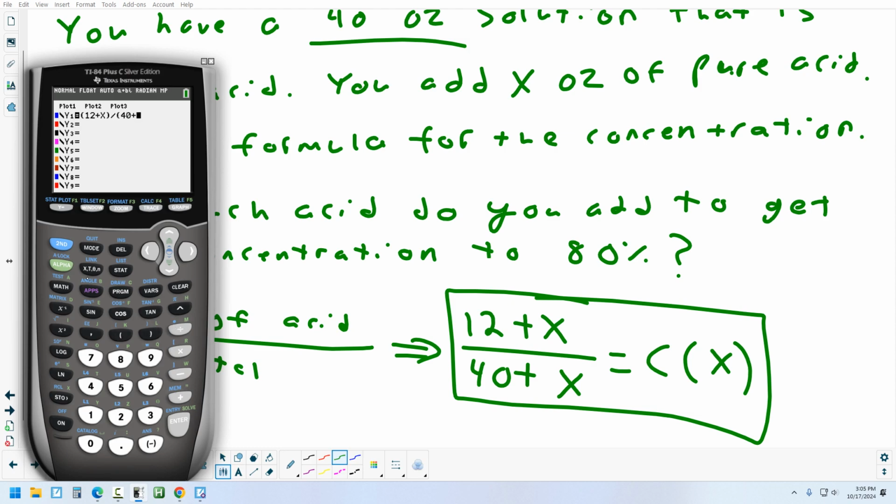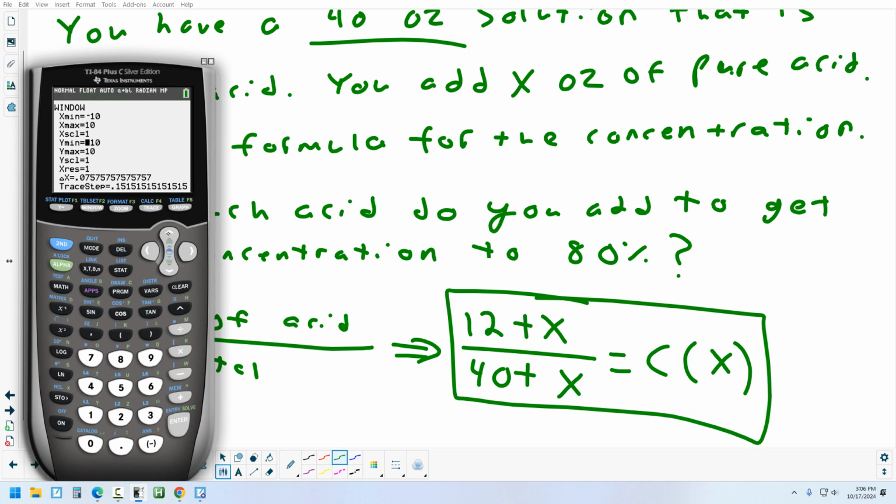And as a decimal, what's the highest that this concentration could go? It's impossible to have a concentration that's higher than how much? 1. Yeah, can't go any higher than 1 because that means 100%.